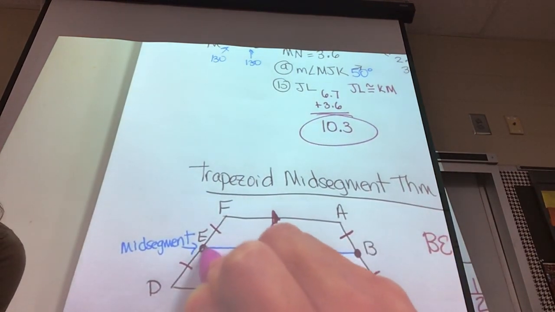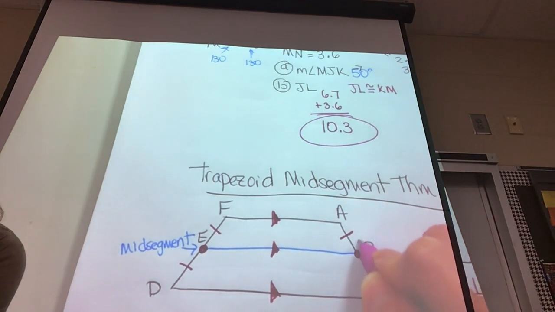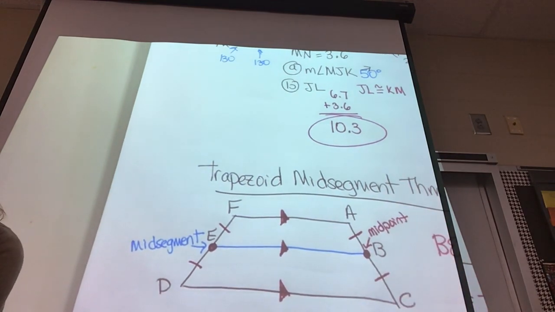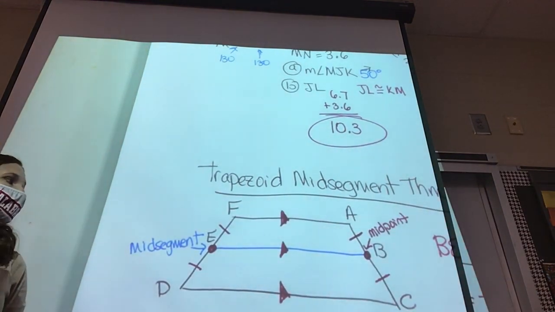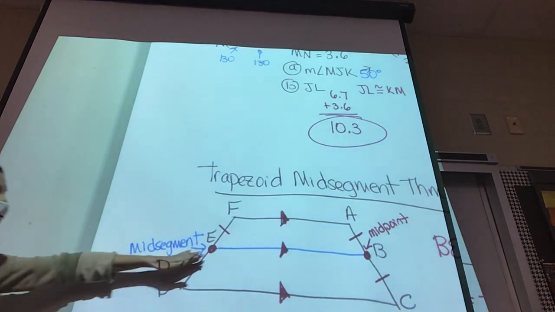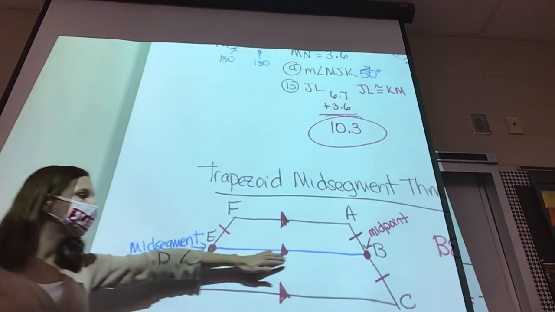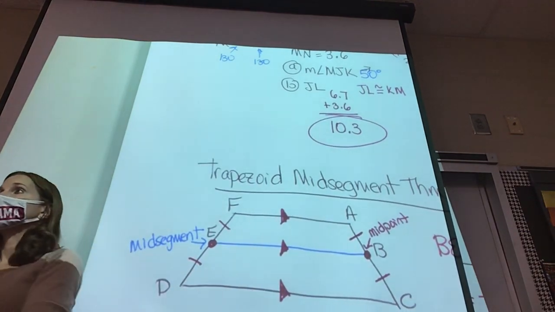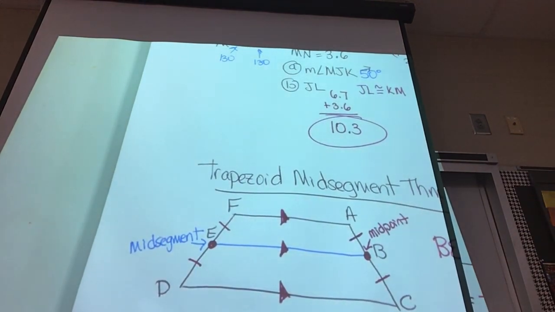So basically, when you have your mid-segment, it forms your midpoint on the side. And we know the midpoint cuts that line in half. So when you draw this mid-segment, it's going to divide your side in half over here. That may come in handy somewhere down the line.